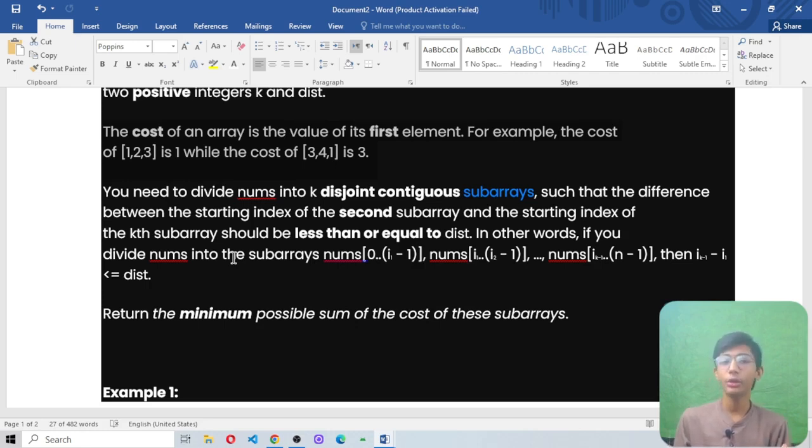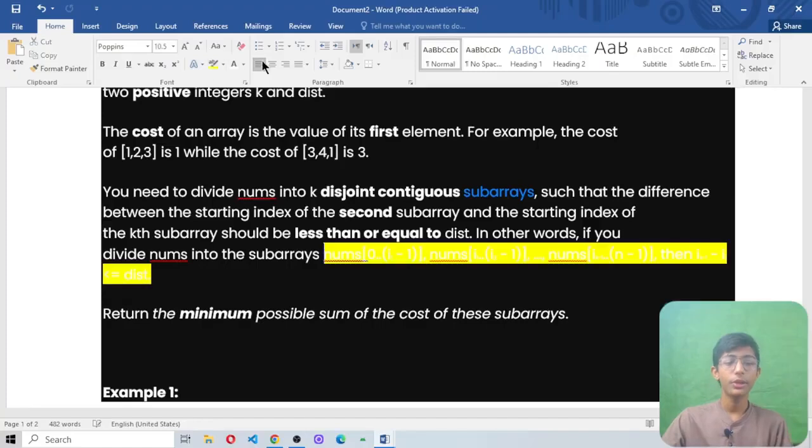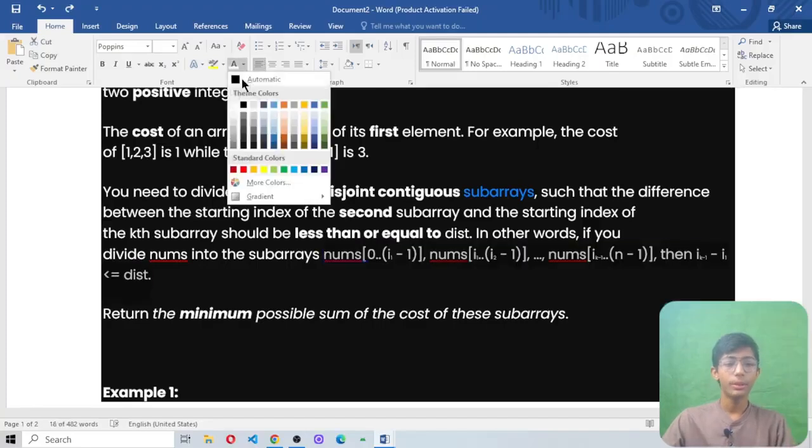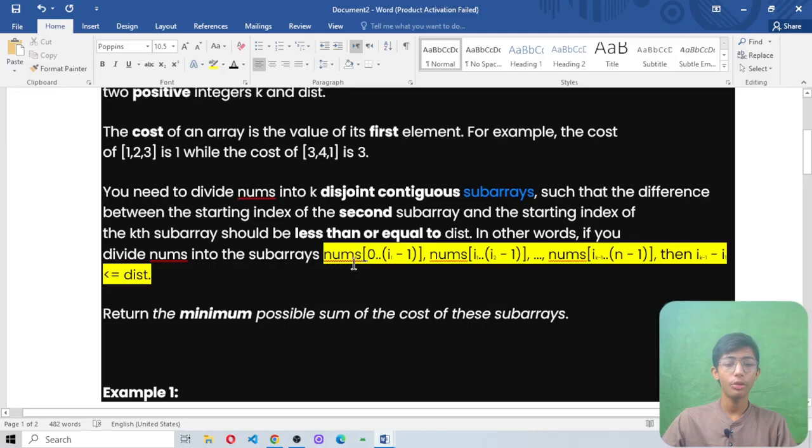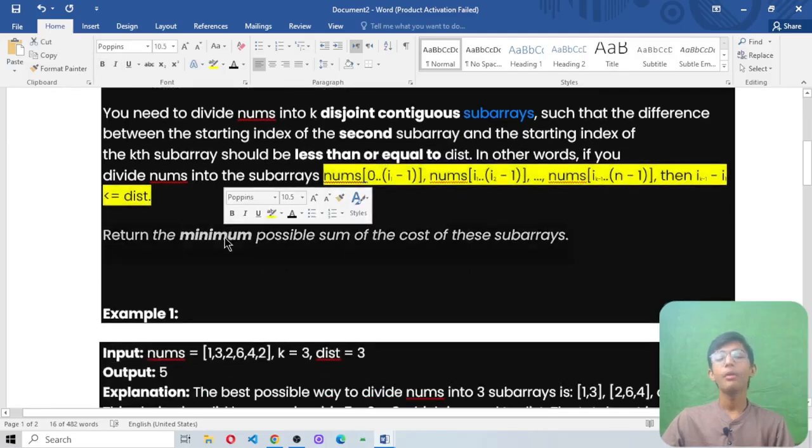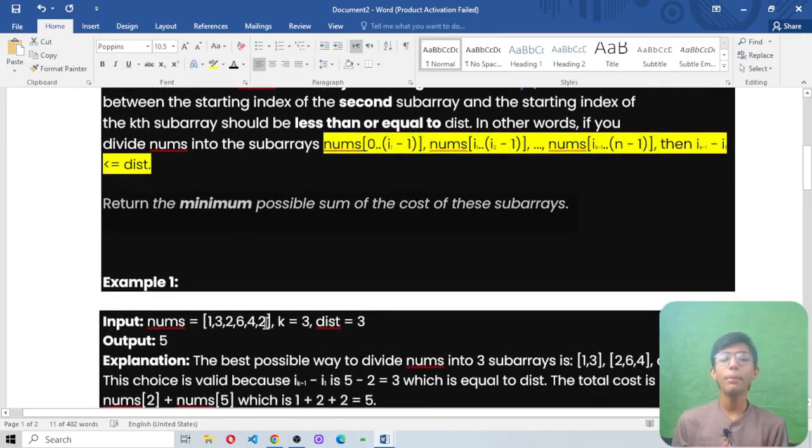In other words, if you divide nums into subarrays, this formula applies. We want to return the minimum possible sum of the cost of these subarrays.